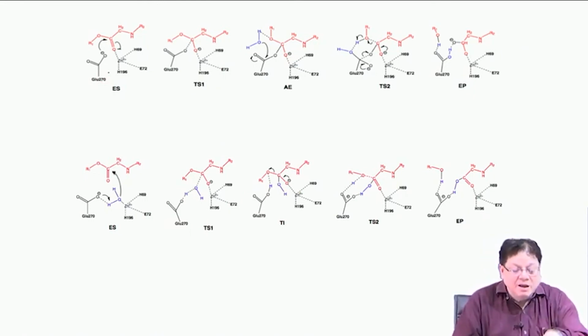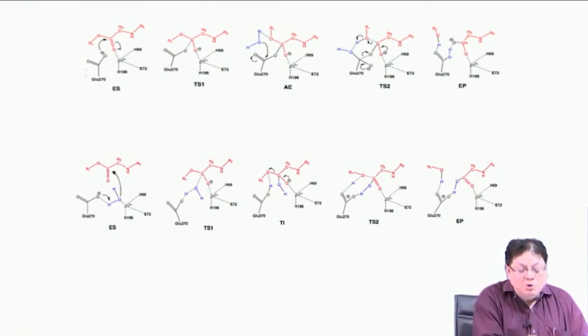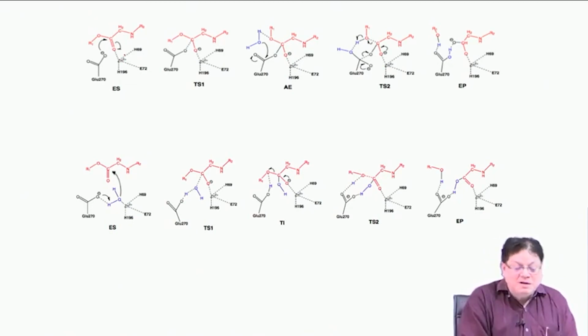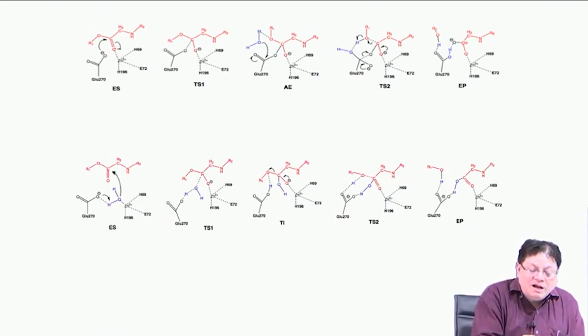In one case the metal activates the carbonyl, and a glutamate moiety attacks the carbon, and this is stabilized by zinc. So, as if the zinc is providing the oxyanion hole that was earlier present in chymotrypsin. Here the carbonyl becomes the oxyanion, and that anion is stabilized by zinc.